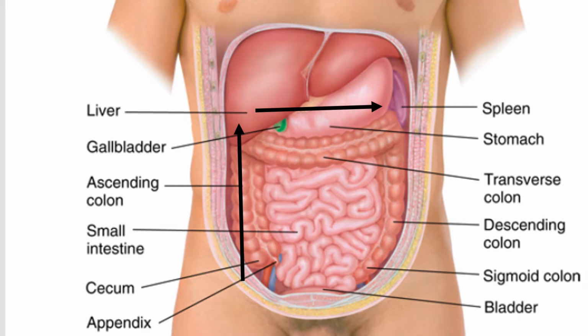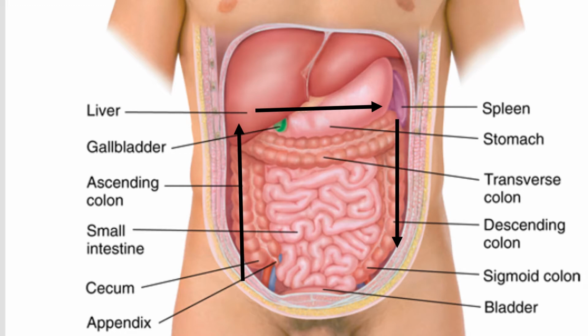Then right under that arrow is the pancreas. Okay, so then we have the stomach. Now the stomach, that's the fundus of the stomach right there where the arrow is, okay? And then the stomach empties over there by the gallbladder.